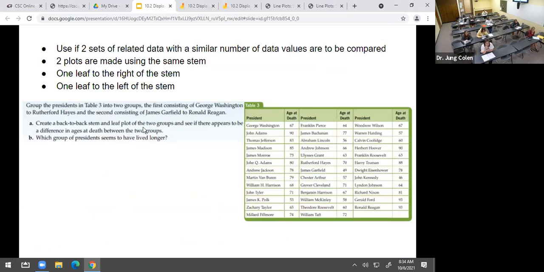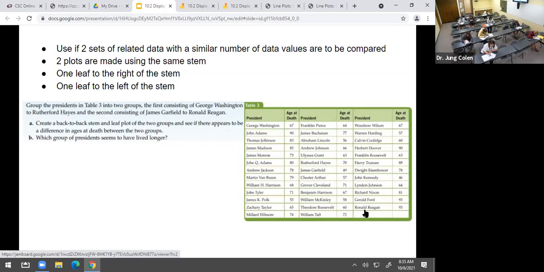The first consists of George Washington to Rutherford Hayes. Can you mark it off? So all the way from George Washington to Rutherford Hayes. Where is Rutherford Hayes? That's the first group. In another group, the rest of them, starting from James Garfield to Ronald Reagan.